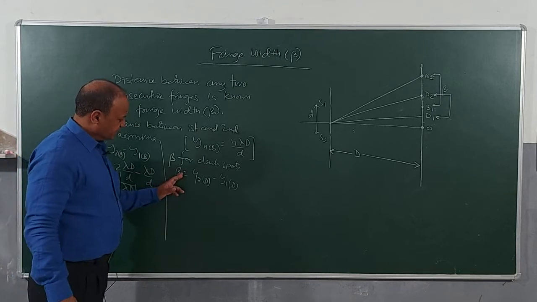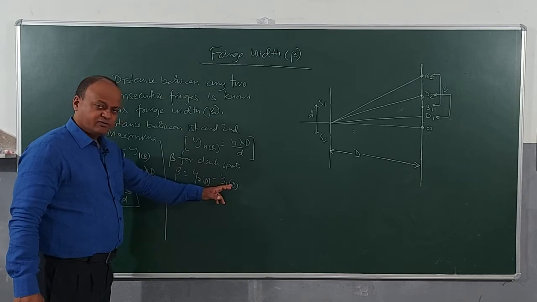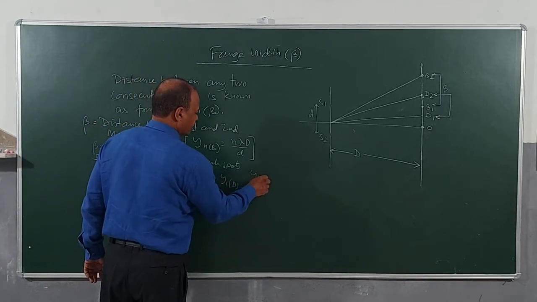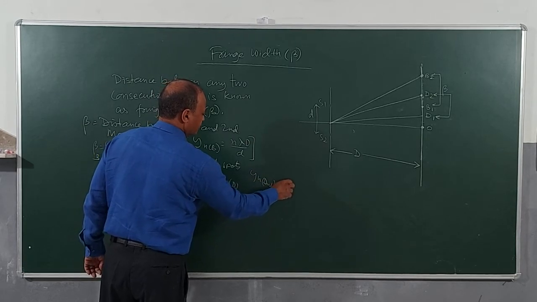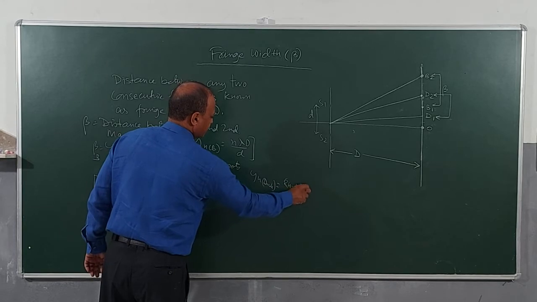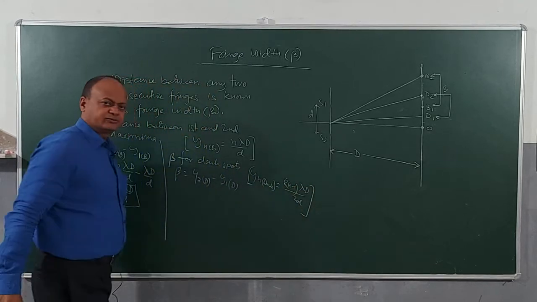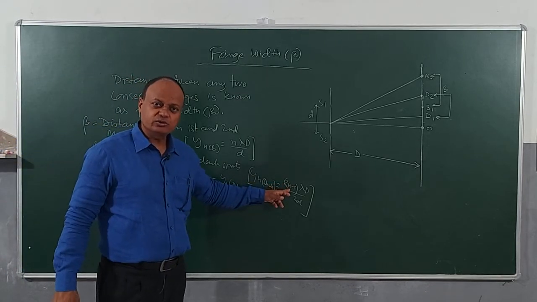Now, beta is equal to the position of the second dark spot minus the first dark spot, and Yn for dark spot, you already know, is equal to (2n minus 1) lambda capital D by 2d, and we already know this. Clear? So, for locating the position of the second dark spot, I will put n is equal to 2.